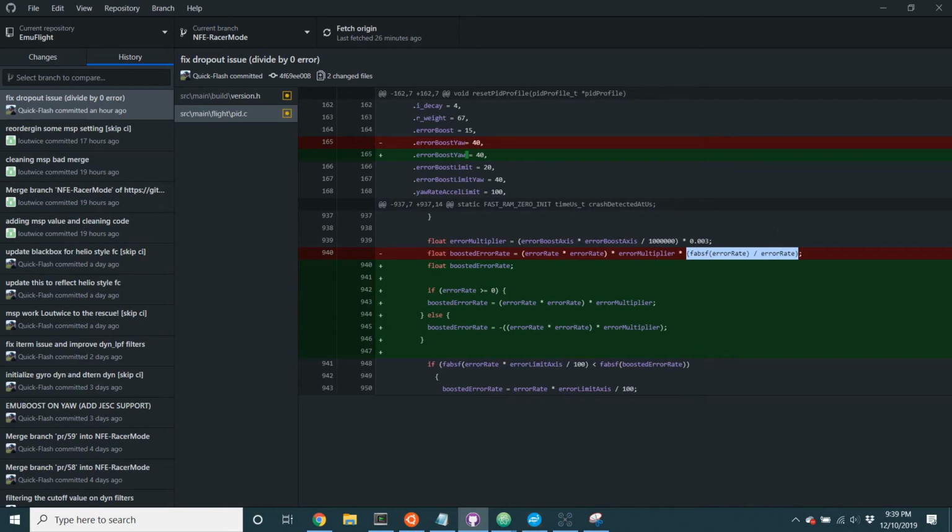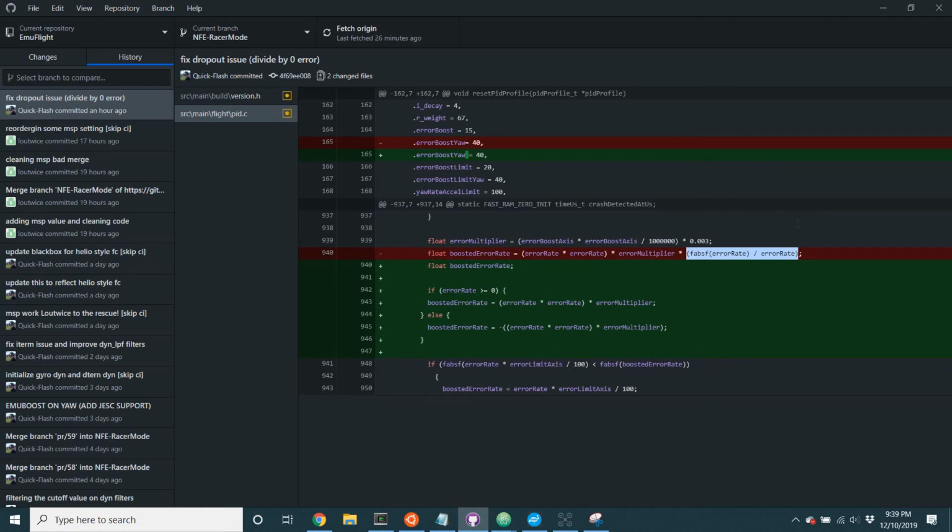And so that just divides by 0, as you know, when you divide by 0, things go to beyond infinity, and it just broke our PID loop, and your motors just dropped to 0. Thankfully they didn't shoot up to 100%, that would have been really awful, but they dropped to 0, and you'd have to rearm it again to take off.